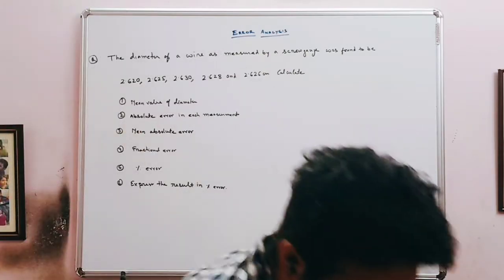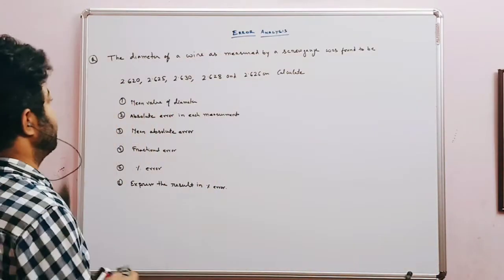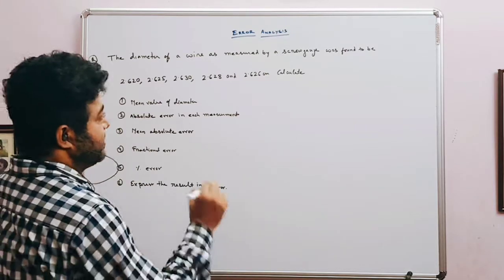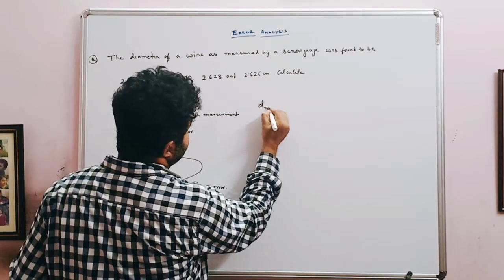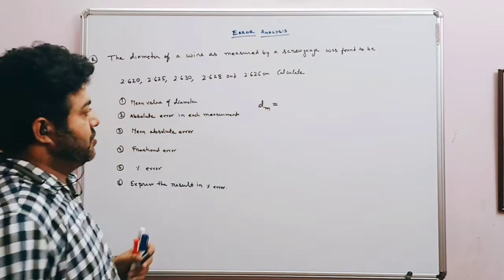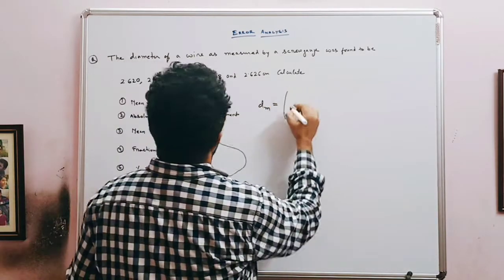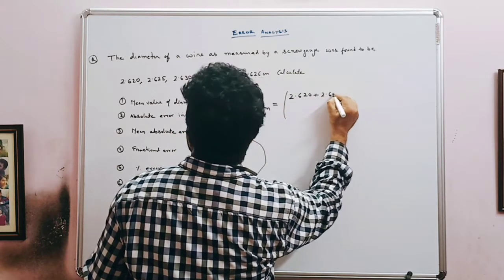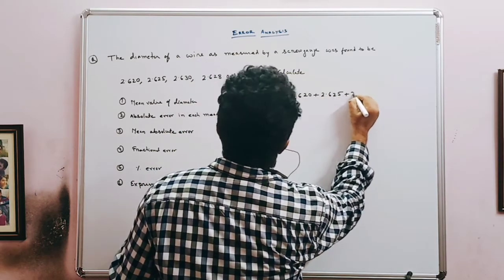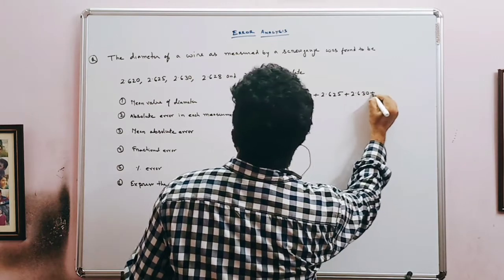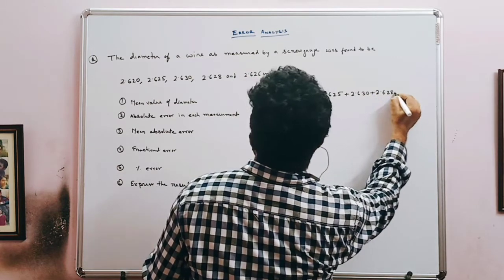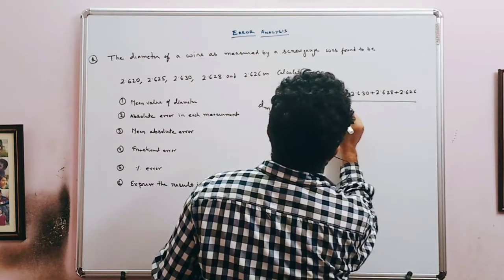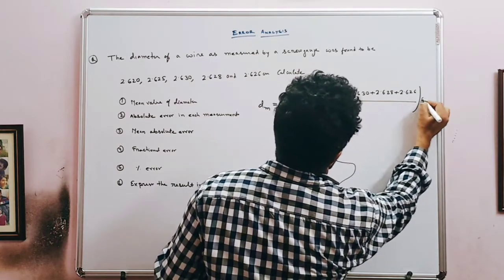So let's start. What we have to find out first is the mean value of the diameter. Let D be the diameter and D mean its mean value. So we have to add all of them: 2.620, 2.625, 2.630, 2.628, 2.626 by 5 centimeter.